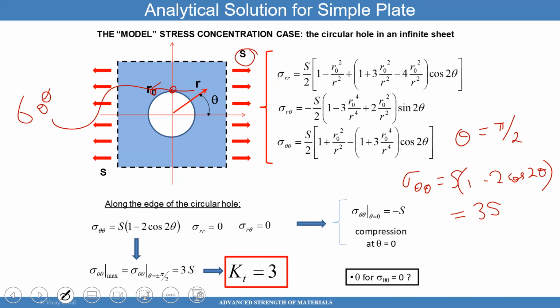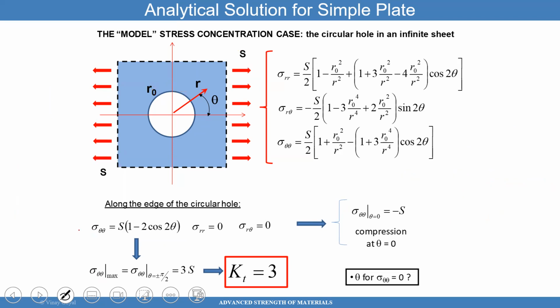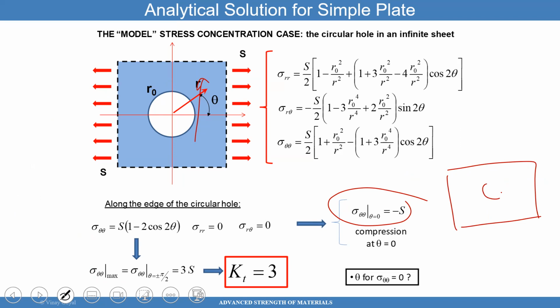And then I already covered the fact that the stress field in this direction, sigma RR, is minus S. So you wonder why that is, right? Let me plot what is happening to the hole. When I apply a load, and that's not a very good picture of a hole, so let's try again.